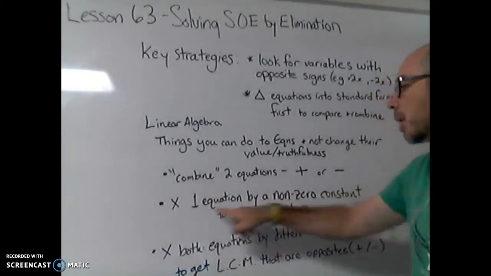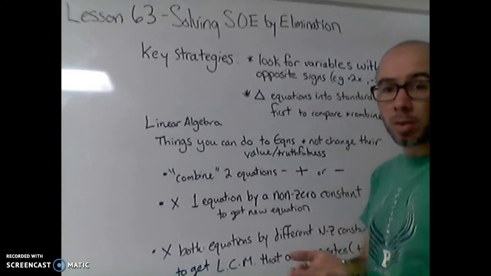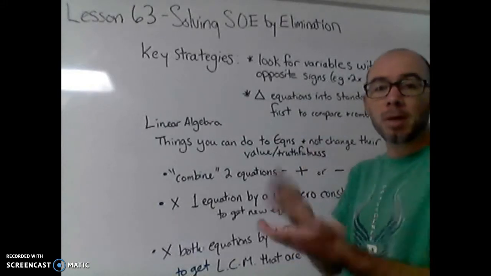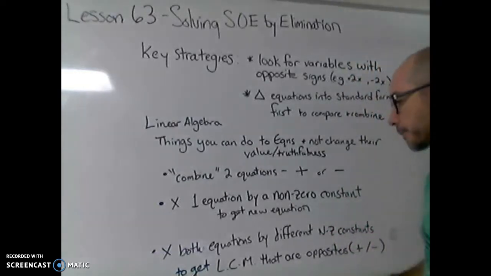Also, you can multiply one equation by a non-zero constant. If you do multiply an equation by 0, it disappears and you just totally trash the thing. So it has to be a non-zero constant to get a brand new equation that's also true. And then you can combine it with one of your original equations to work it out.